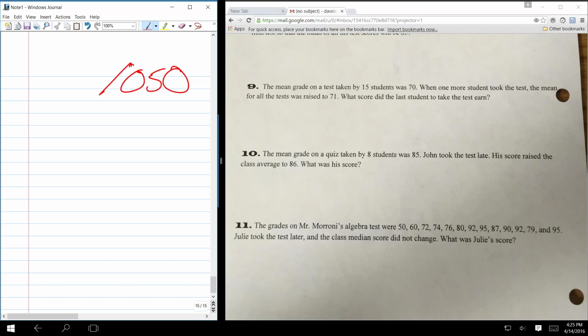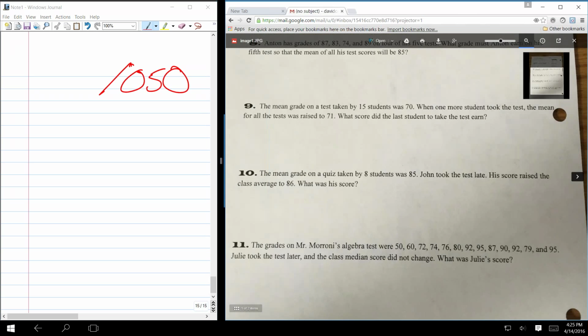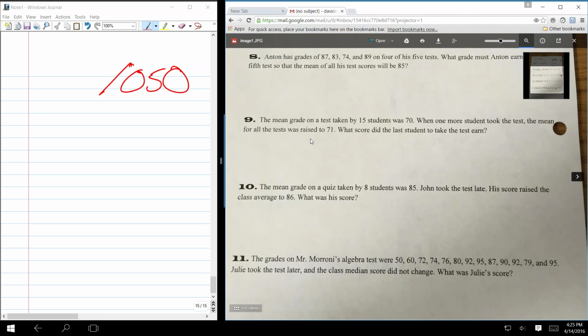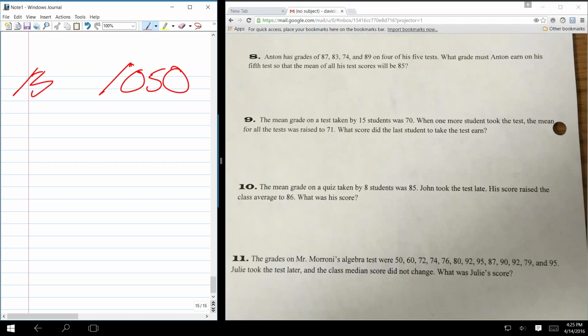Now it says when one more student took the test, the mean for all the tests was raised to 71. Well, this was with 15 students. And what are the totals with 16 students? You have a calculator? 1,136.